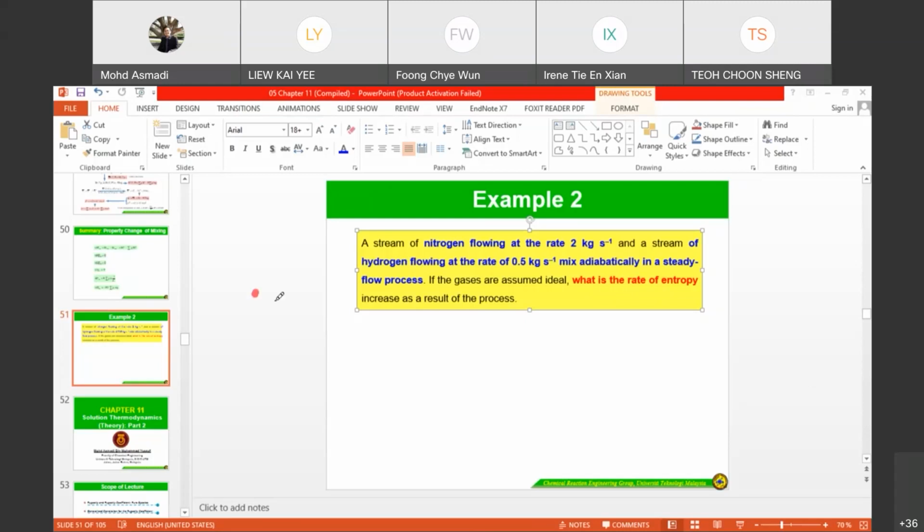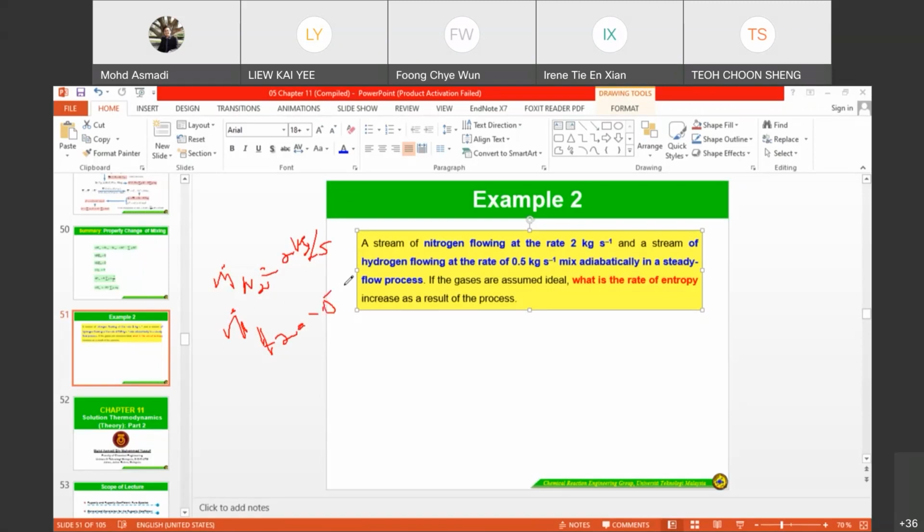So if you look at here that m dot nitrogen equal to 2 kilogram per second. Then m dot hydrogen equal to 0. Yes, divide by molecular weight.